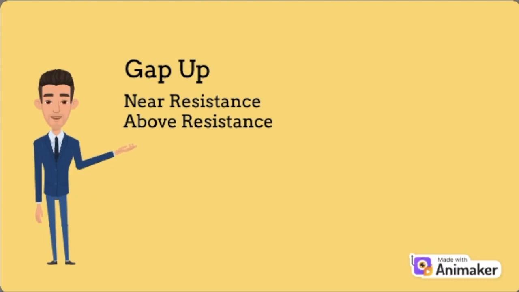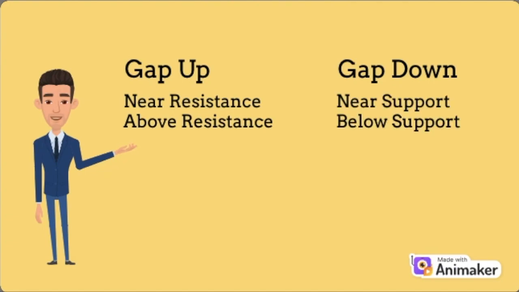There can be only a minor gap up, such as 10 points, 20 points. But if it's a big gap up, it can be near a resistance or above a resistance. So in those cases, even for gap down, it can be near a support zone or below the support zone.